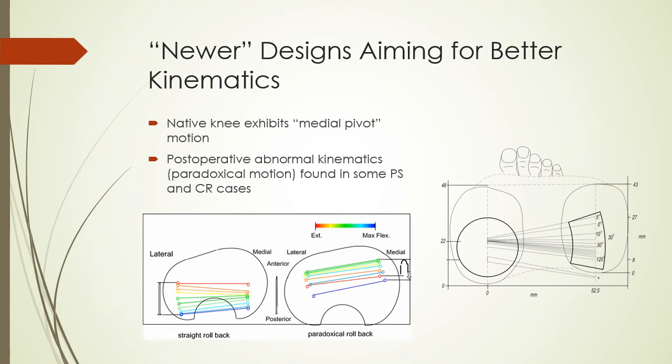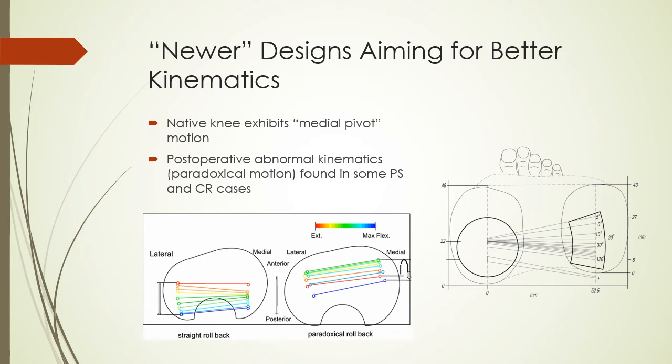As you can see in the bottom right image, as the native knee goes into flexion, it has a pivoting point on the medial side. So the femoral-tibial contact point slides more on the lateral side, AP-wise, compared to the medial side. Ideally, we want to recreate that with our TKA so that we can have this normal kinematics.